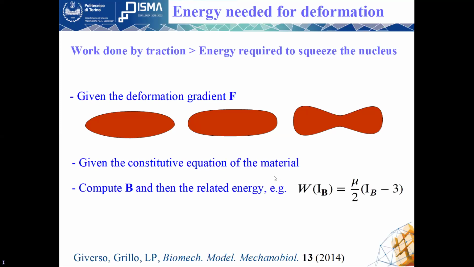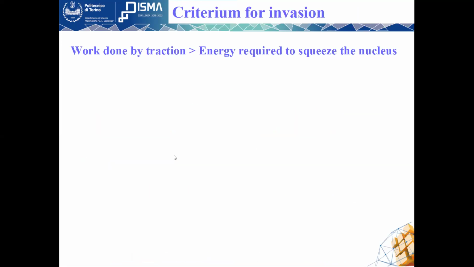You give a constitutive law of the behavior of the material. This one that I'm writing here is the easiest one, the neo-Hookean material, which tells you that the energy is proportional to the trace of B, called the Cauchy-Green strain tensor, which is just F times F transpose, and then you can compute it.